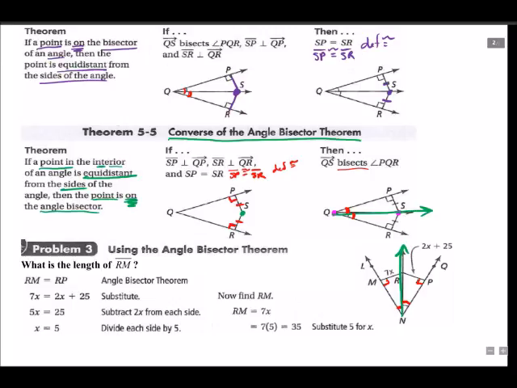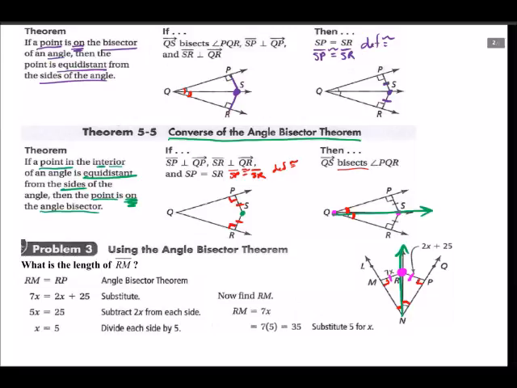And I know that any point on the angle bisector is equidistant. So because these are measured perpendicular, I can say they are equidistant.